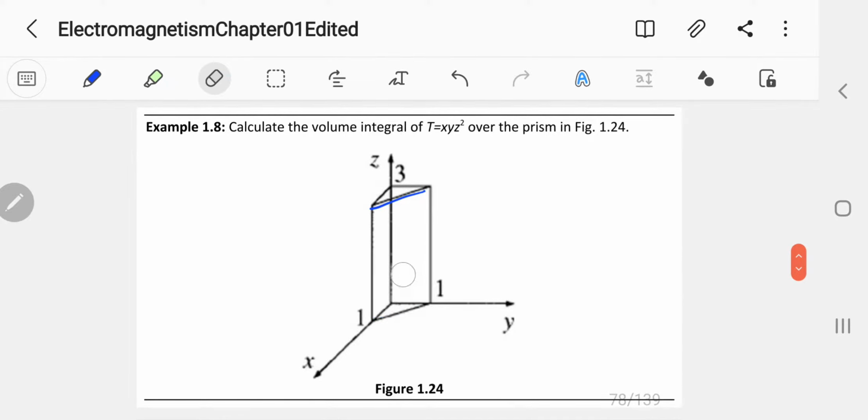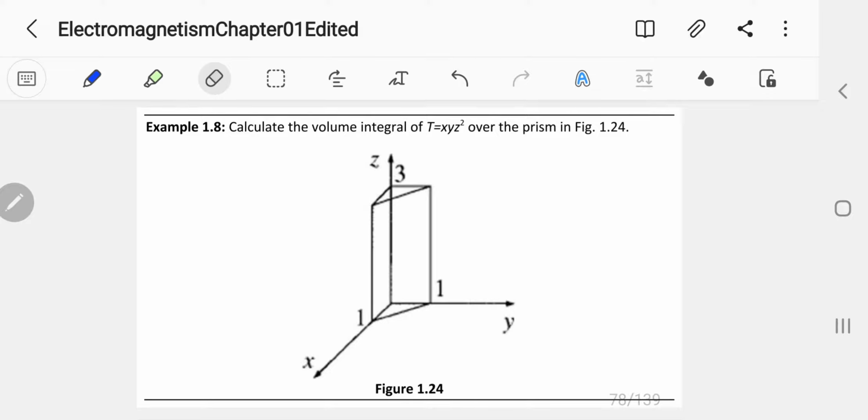As an example, calculate the volume integral of T equals x y z squared over the prism in figure 1.24.